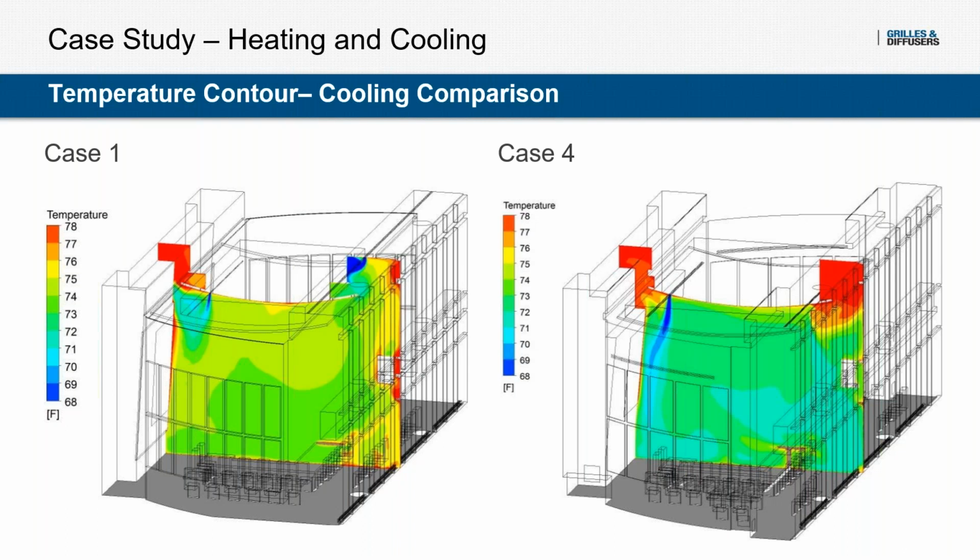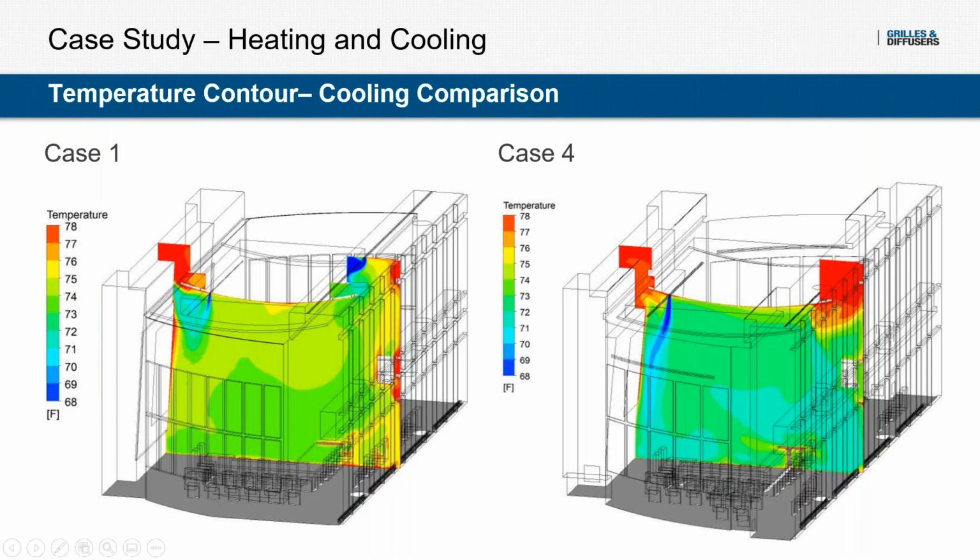We can see that there are some hot spots near the window, and there's also a cold spot right here at the ceiling, where it looks like the air was almost getting trapped between the ceiling and the cloud ceiling, so not necessarily making it down into the occupied zone.